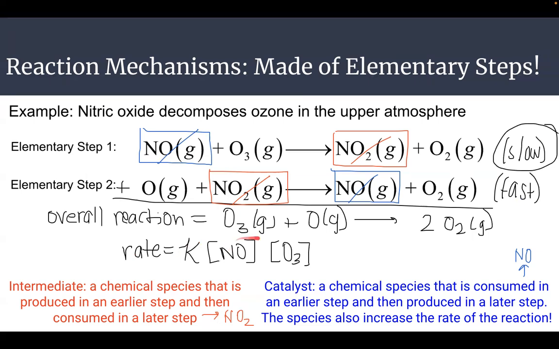So I have my reactants here, and to find their orders, I use their coefficients. Here I have 1 NO, so my order of NO is 1. And I have 1 O3, so my order of O3 is 1. So this would be my rate law for this reaction, and I can only use the coefficients again because it is specifically the slowest step of a reaction mechanism.